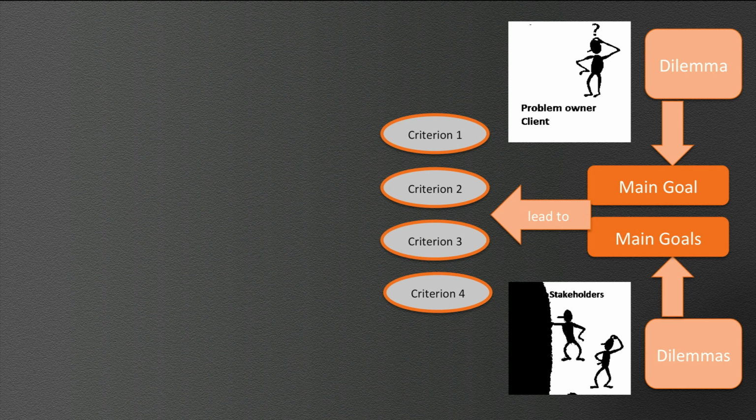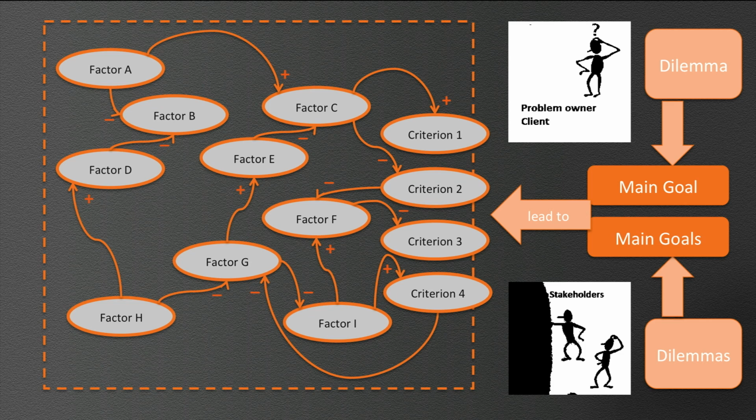Therefore, we made the problem field, our system under study, explicit by representing it in relevant factors in a causal diagram. After creating this diagram, we noticed that some of the factors were influencing other factors in the system, but were not influenced by anything themselves. So there was nothing the problem owner, or maybe even any of the other actors involved, could do to change them. These factors only have output and no input.